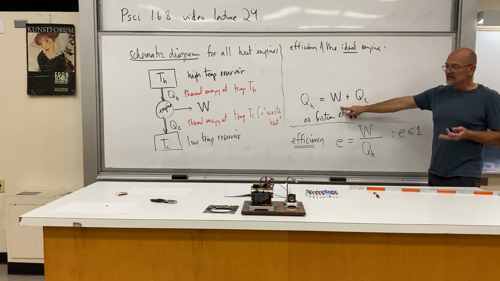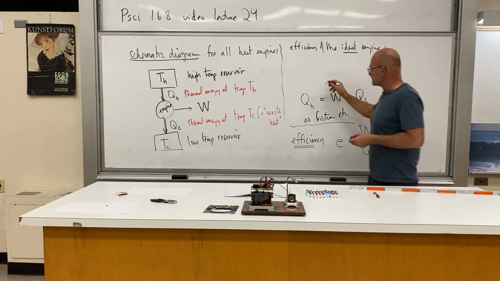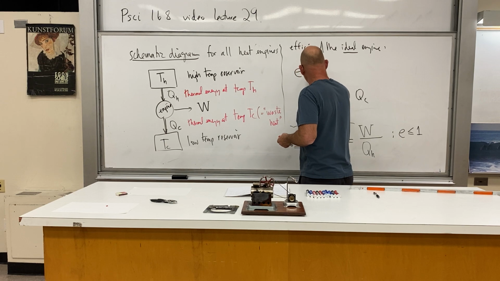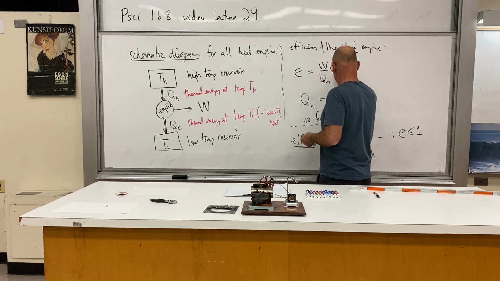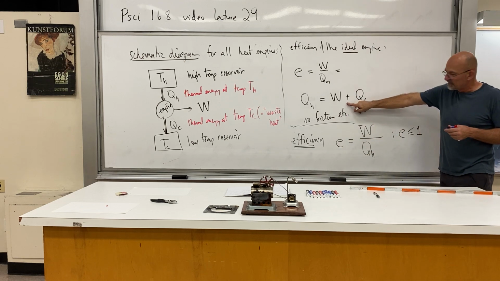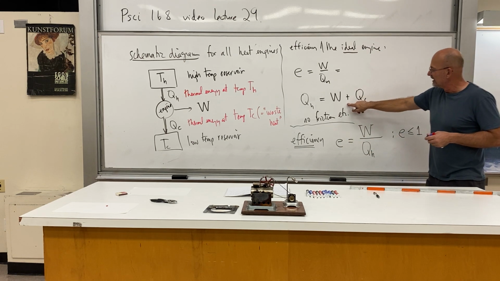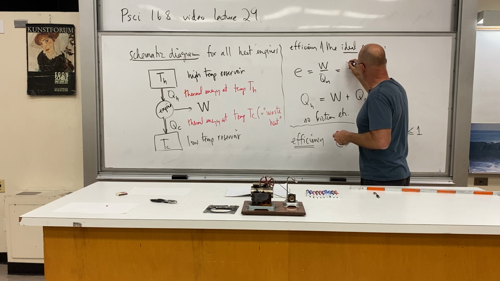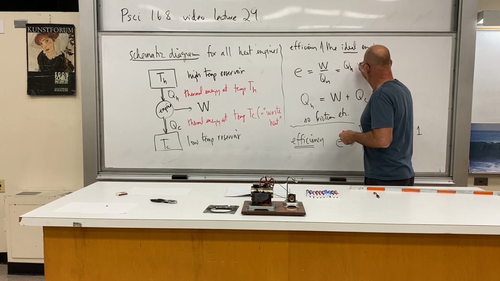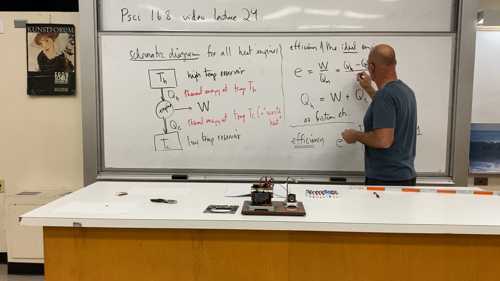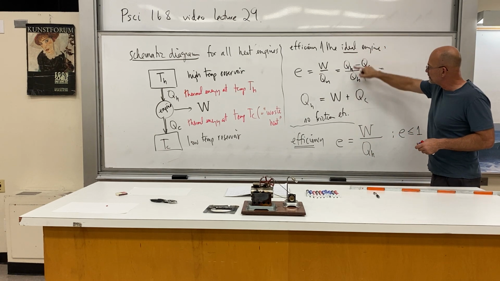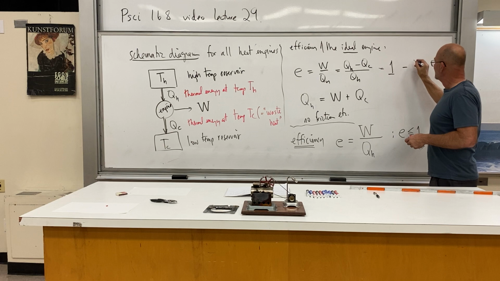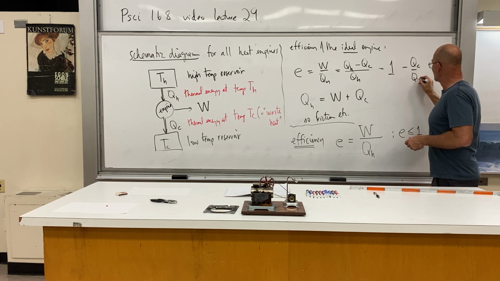Because this was the equation for the ideal engine. Use the same letter E, W over QH, but now I'll use this W right here. Subtract QC minus QH. Okay, so QH minus QC divided by QH, and simplify. QH over QH is 1 minus QC over QH.